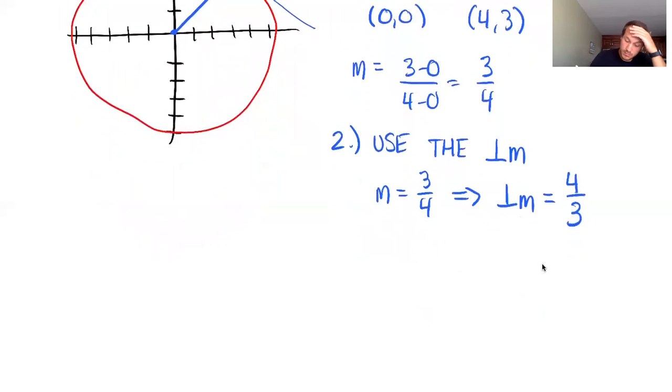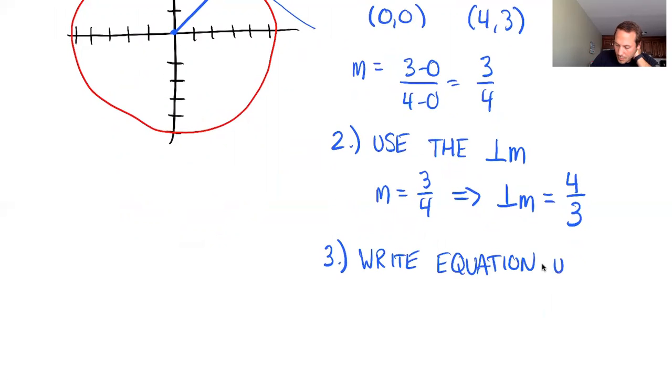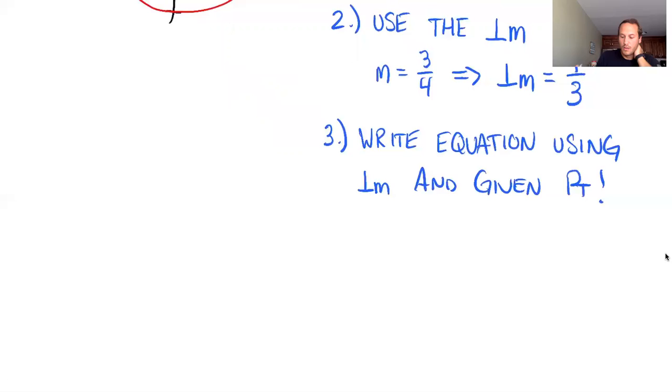And then from there, write the equation using the perpendicular slope and the given point. Okay, so what do we have here? We're going to have y, we're using the point 4, 3, don't forget.